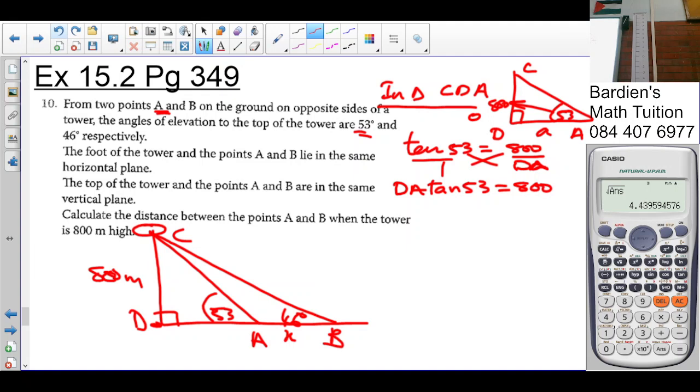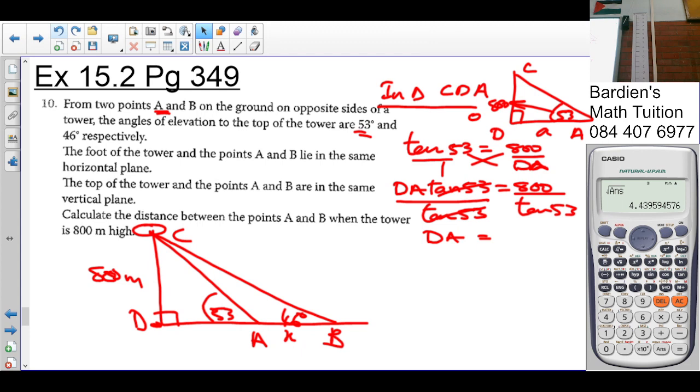Divide by tan 53. So DA is equal to 800 over tan 53, which is 602.84 meters.